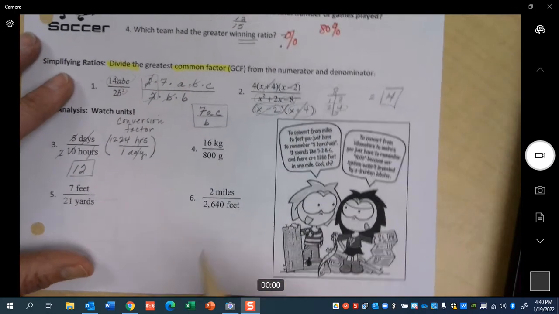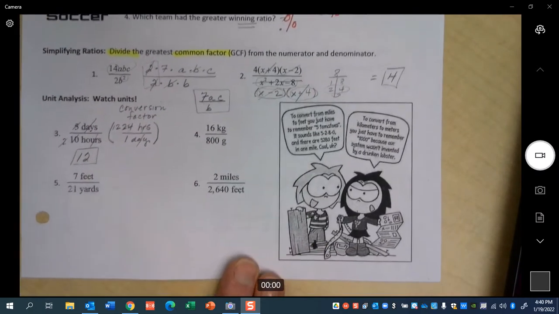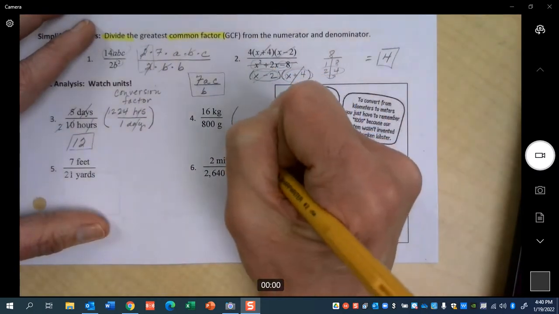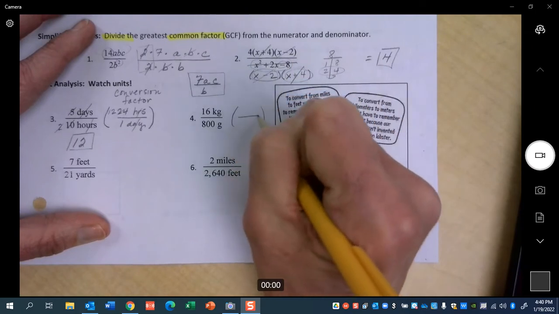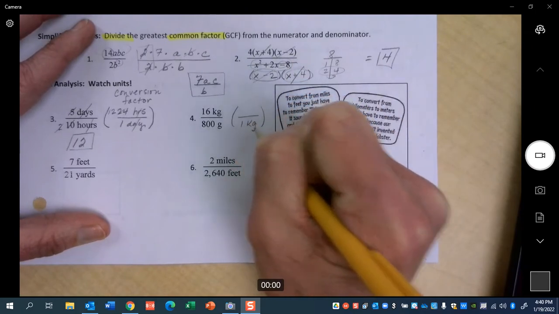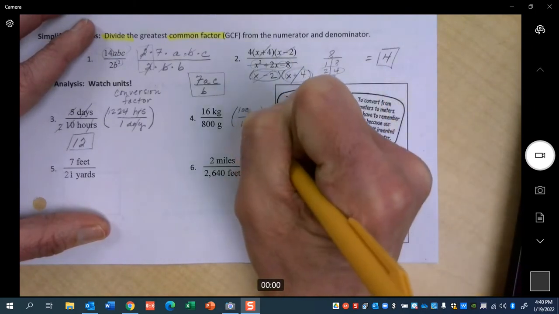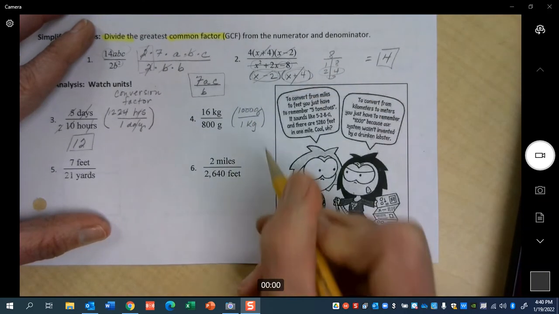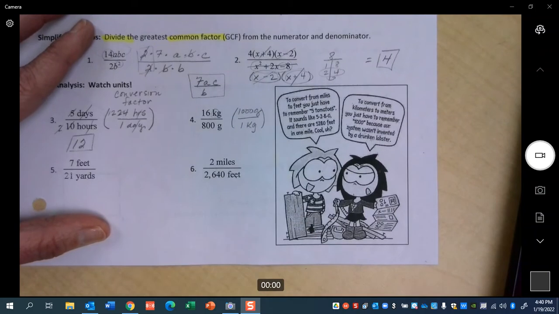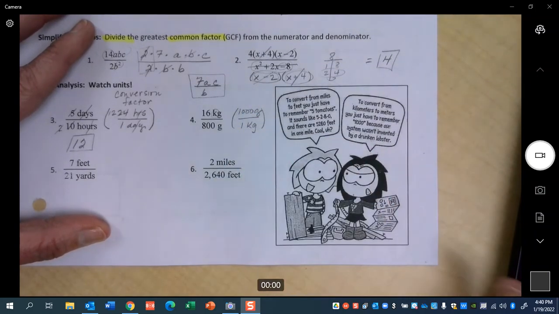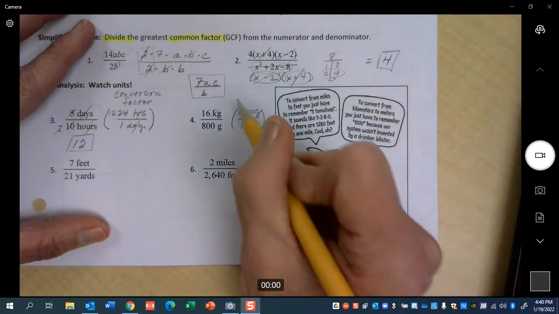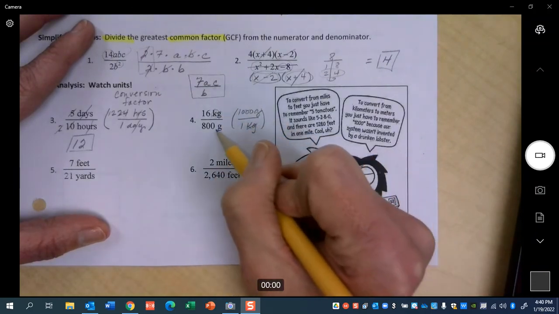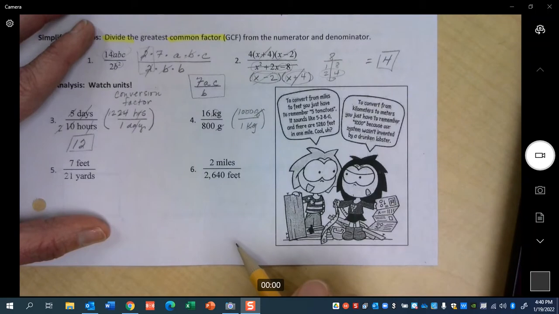Let's do our grams and kilograms. Our conversion factor for this one is I know that in 1 kilogram, there are 1,000 grams. The metric system makes it easy for us. The kilo means 1,000. So if I want to start cross-canceling some things out, I know my units cancel out, so I put everything in the right place.